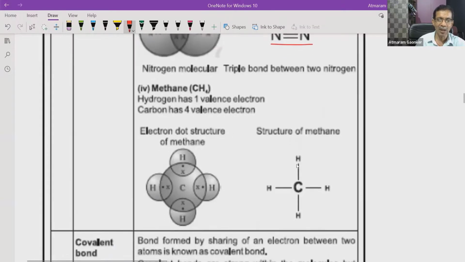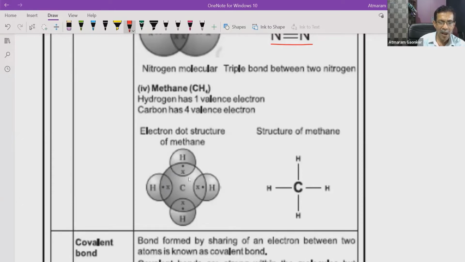Now let us come to methane. Hydrogen has got 1 valence electron, so it is ready to share 1 electron. Carbon has got 4 valence electrons, so it is ready to share 4 electrons. At the center is carbon, having the 4 valence electrons, so it will share 1 electron each, that is X over here.